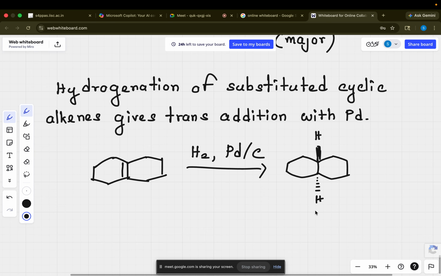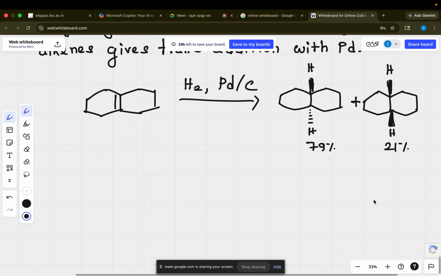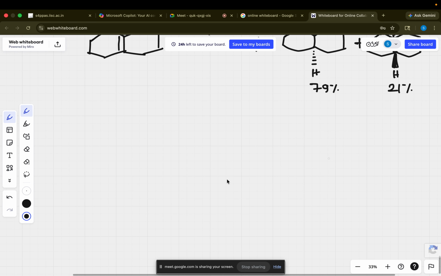You will get 79% of this product. And cis addition or syn addition will also take place, but that will be around 21%. So if you are using hydrogen, palladium, carbon, you will get trans addition of hydrogen. Clear? Yes, sir.